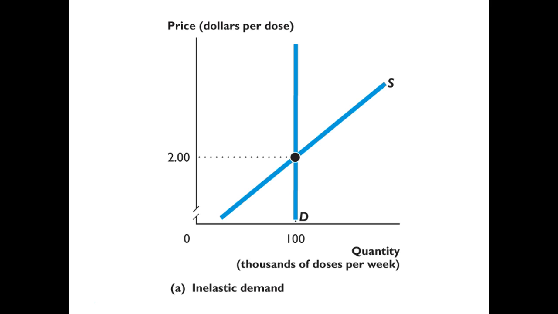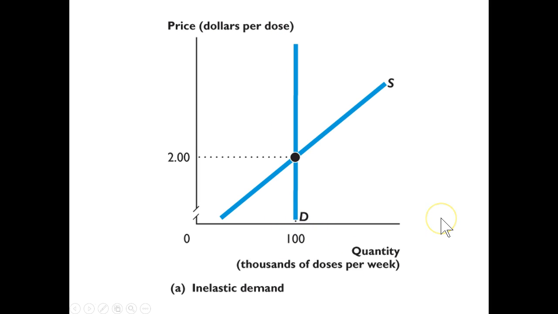Here's our graph. Here's our supply curve for the life-saving drug. And here is the demand for the life-saving drug. It's vertical, indicating that the buyers of the life-saving drug are willing to pay any price for a fixed quantity of 100 doses.